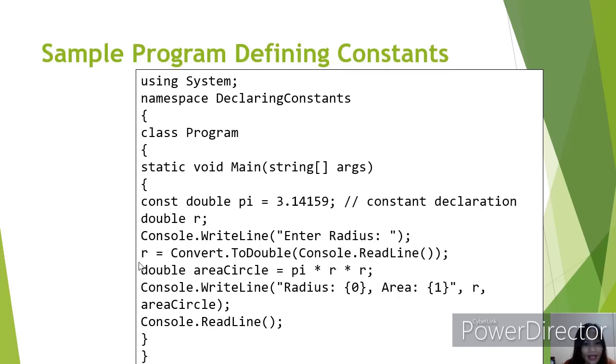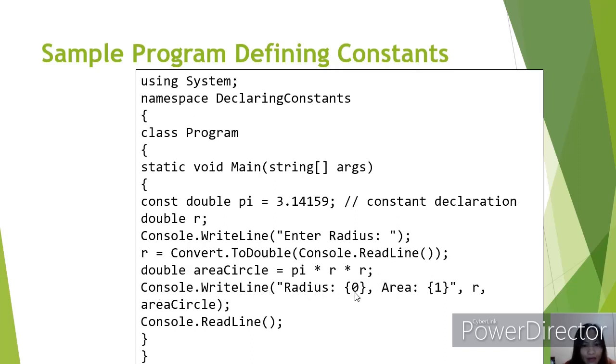In C++, Console.WriteLine "Enter radius" is equivalent to cout, and r is equal to Convert.ToDouble, Console.ReadLine is equivalent to cin, or printf, scanf. And then this is an expression that will compute the area of the circle. Statements and expressions end with a semicolon. Then this line will display the answer.